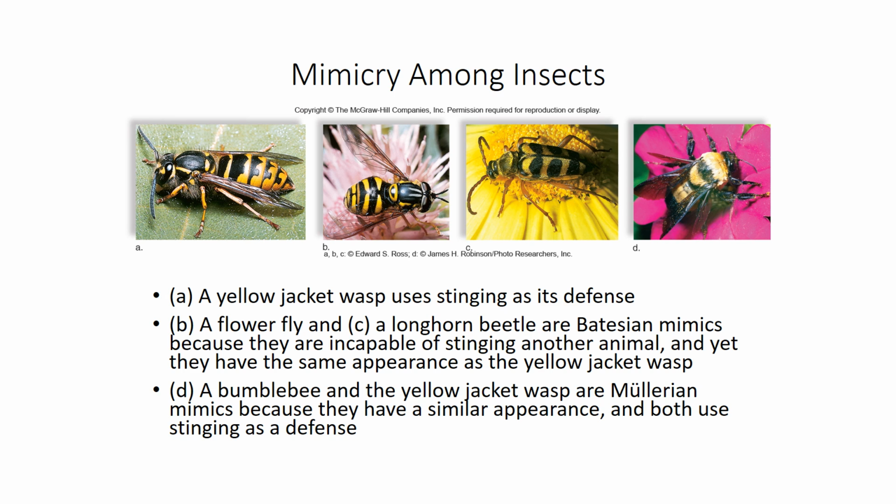But basically other organisms, including humans, will stay away from them, because they look really predatory. And then D part, a bumblebee and the yellow jacket wasp, they are actually Mullerian mimics because they look similar and they both use stinging as a defense. Okay, so they will both sting and hurt you.